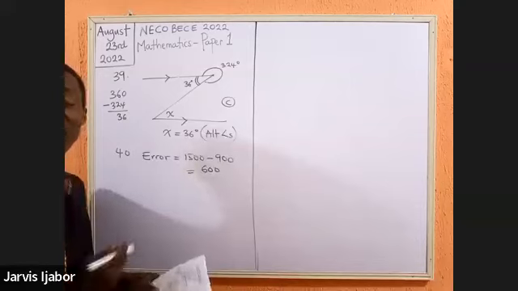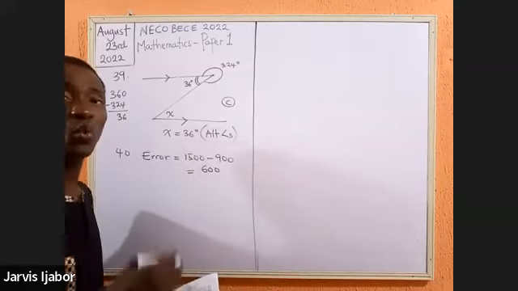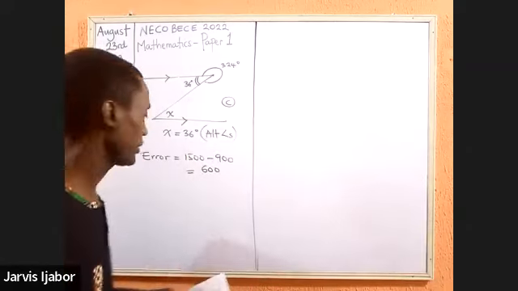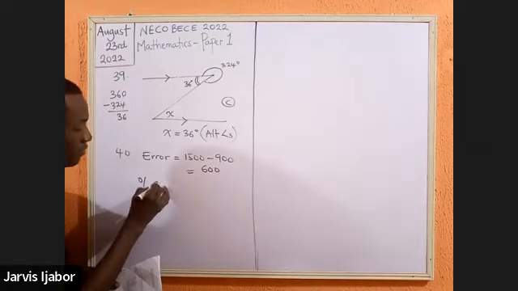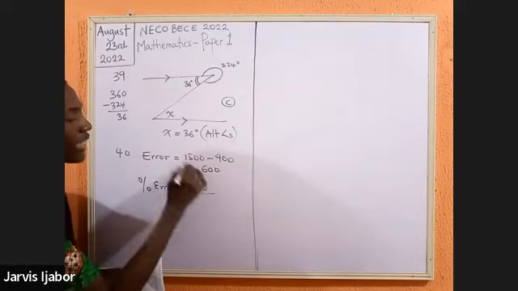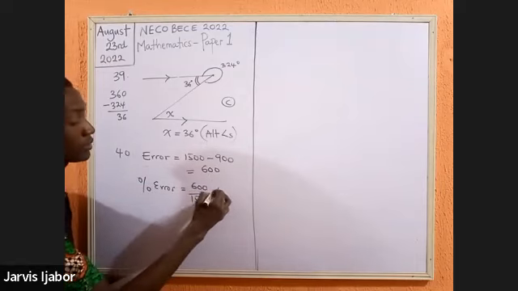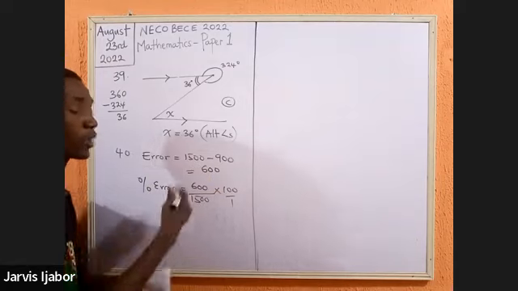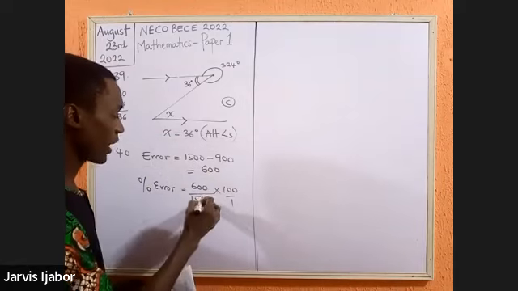Now, the percentage error is always calculated with reference to what we expect the figure to be. So the percentage error will now be the error over what I expected it to be times 100 over 1, because we're dealing with percentage. So we can cancel out.